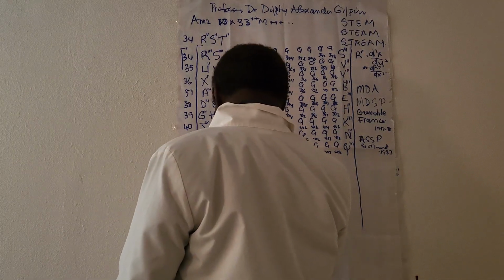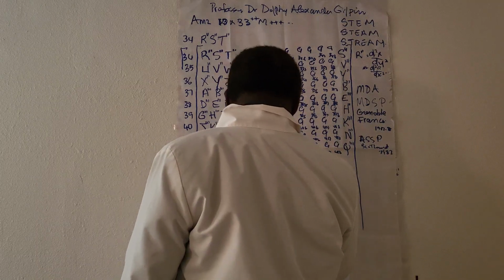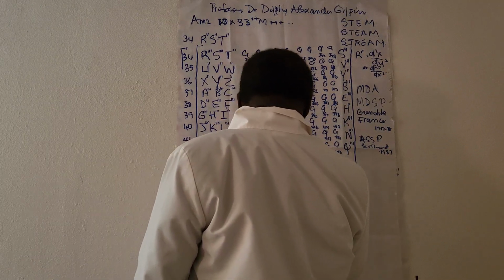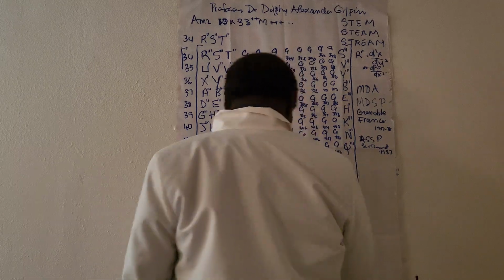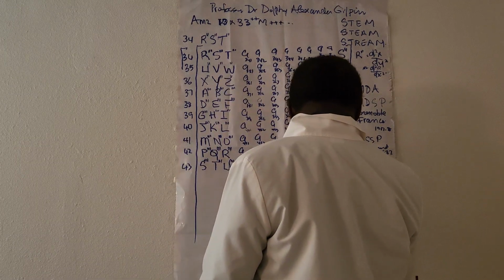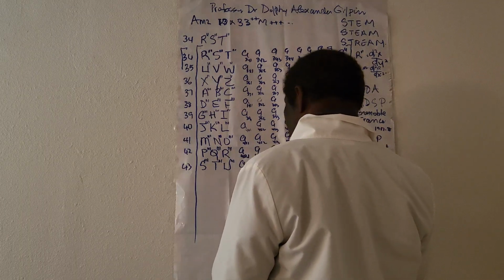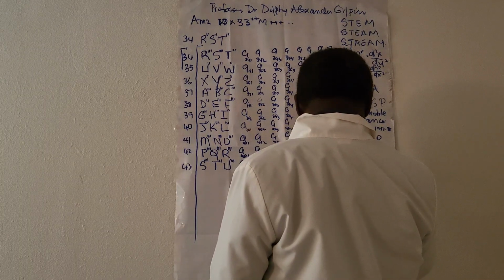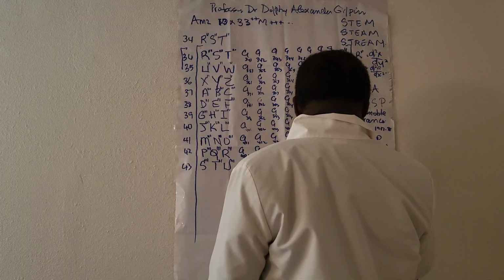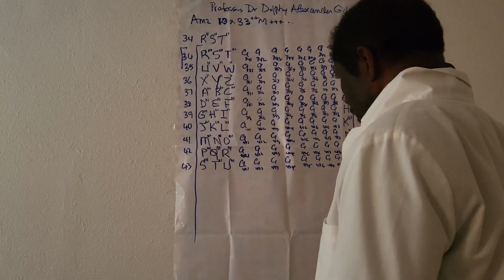And we have now A43-1, A43-2, A43-3, A43-4, A43-5, A43-6, A43-7, and A43-8, and we have now a T triple dash. And here we take a break at 43.